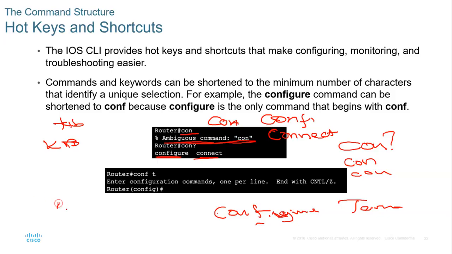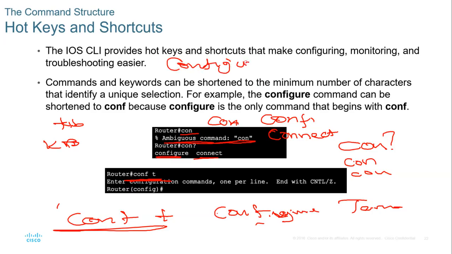Then it means that you can type it halfway and say conf space T. It's going to work. That is what we have here. So this is the abbreviation of configure terminal. Configure, then space terminal. So for the abbreviation, you can type conf space T, and it's going to work.